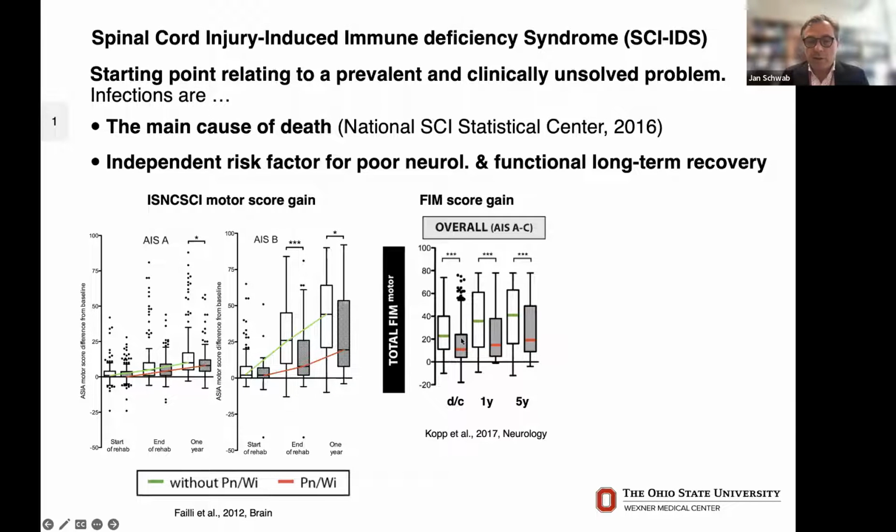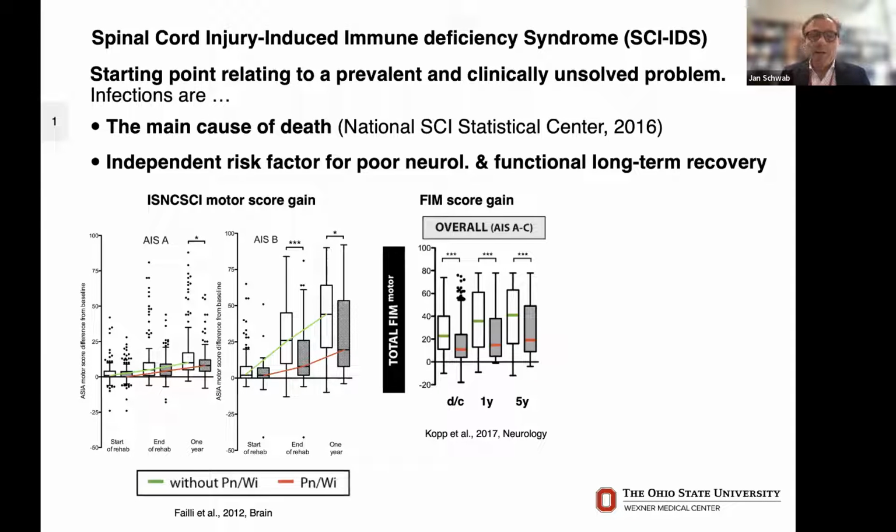Again, red versus green: you can see that patients with acquired pneumonia are impaired already at discharge, and this remains present up to 5 years after spinal cord injury, indicating that the patients are not able to compensate for what is supposedly a secondary hit to those patients.